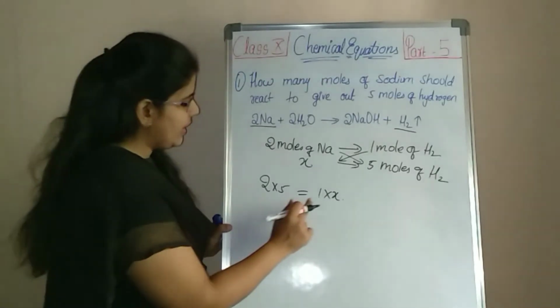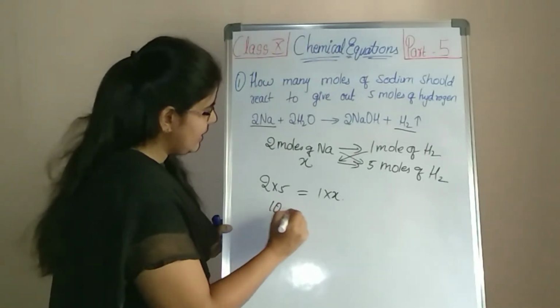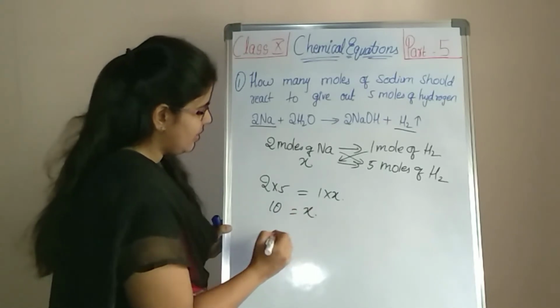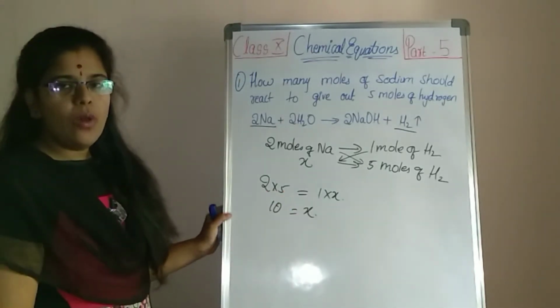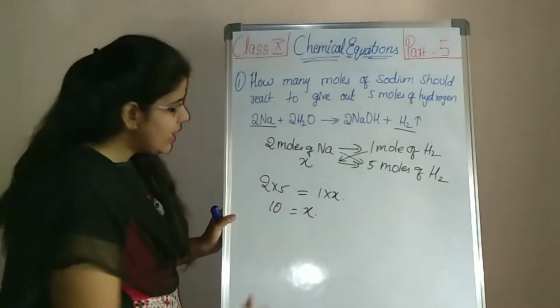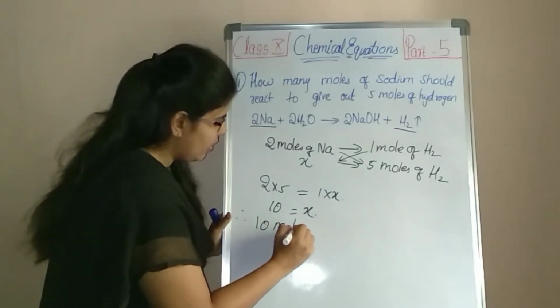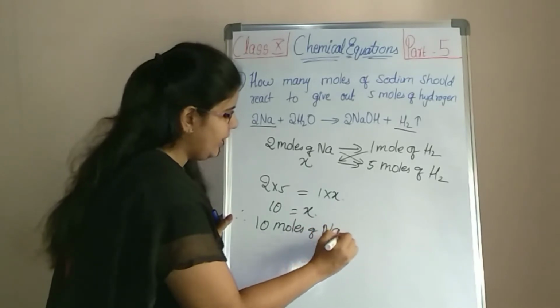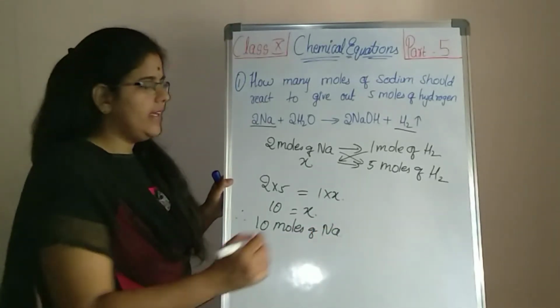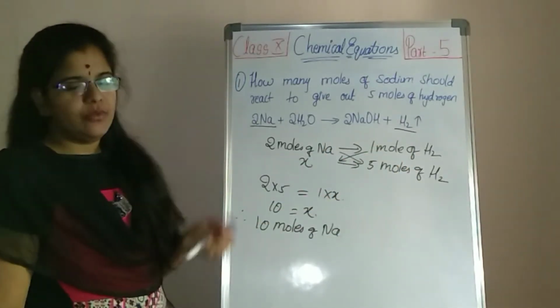How much do we get here? 2 into 5 is 10, so 10 is equal to x. So how many moles of sodium should react? Therefore 10 moles of sodium should react to get 5 moles of hydrogen gas.